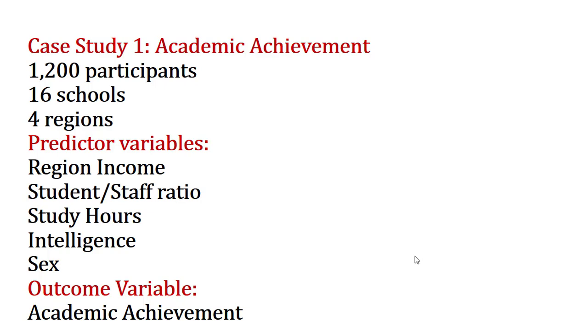Same for student-staff ratio. If we want to investigate the role of student-staff ratio on academic achievement, we use those 16 values, and we don't use the 1,200 participants. We only use the 1,200 participants when we investigate the role of study hours, intelligence, and sex on academic achievement.